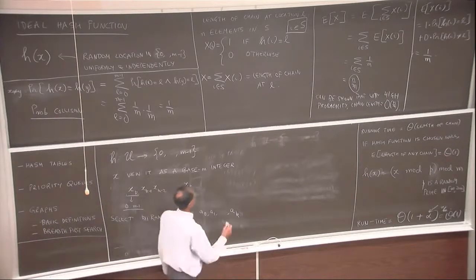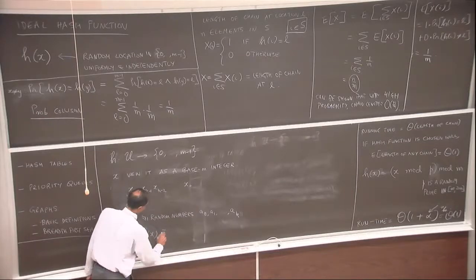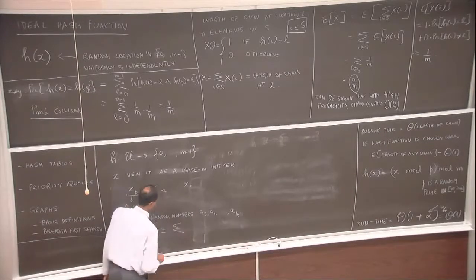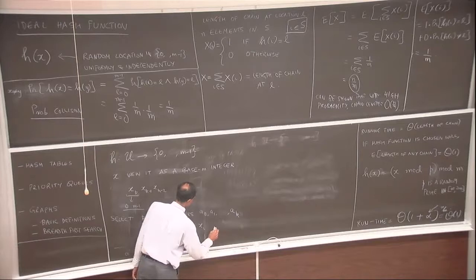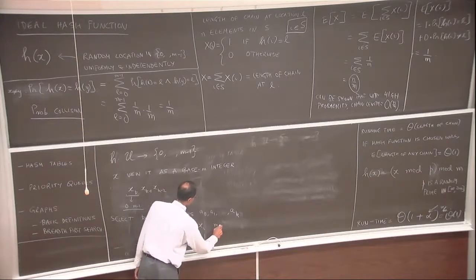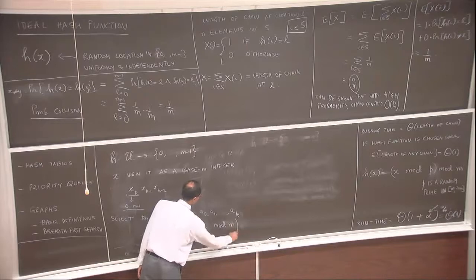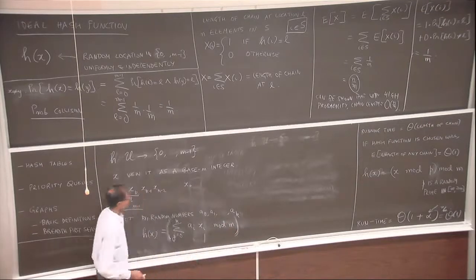And then you set h of x to be the summation, i equal to 0 to k, of a_i times x_i.